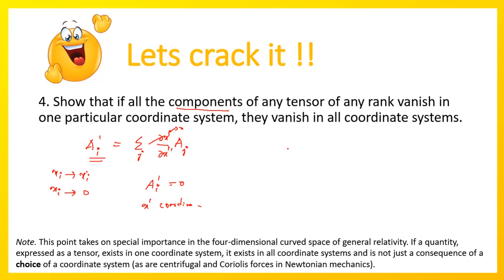If the quantity is expressed as a tensor in any coordinate system, it has to be a tensor in any other coordinate system, not because of the geometry but because of this property. The quantity actually remains the same, but only the space in which it is defined varies, and the space definition is given from our side. So the quantity remains the same irrespective of the space we are looking into.